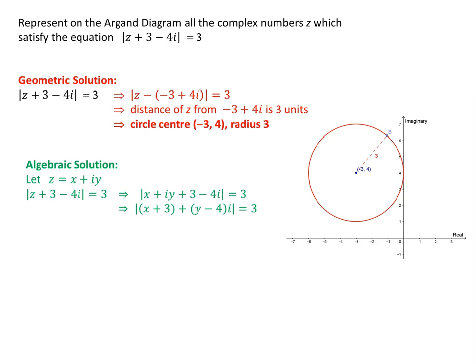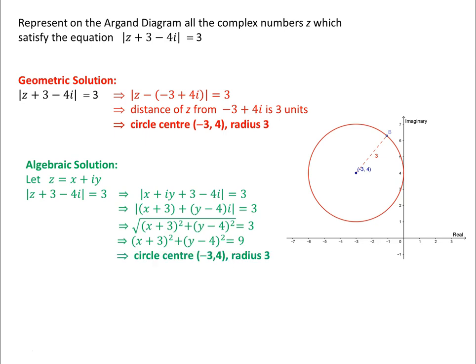In other words, the square root of (x plus 3) squared plus (y minus 4) squared must equal 3. Square each side, and I've got (x plus 3) squared plus (y minus 4) squared equals 9, which is exactly the equation of a circle with centre minus 3, 4 and radius 3.